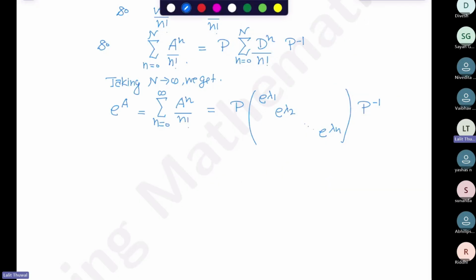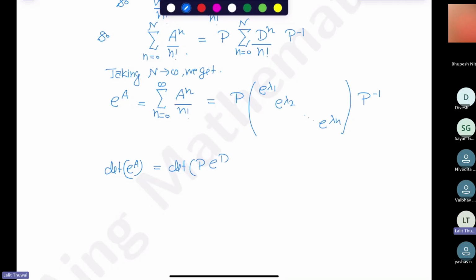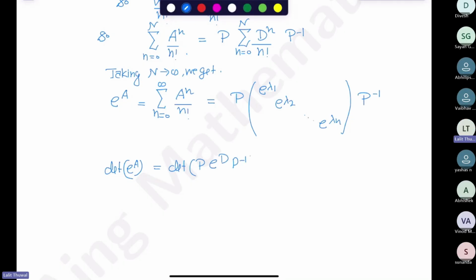Okay, so determinant of e to the power A is equal to determinant of P e^D P inverse. I should write it, I mean this matrix, let me denote this by e to the power D. Okay, is it fine?